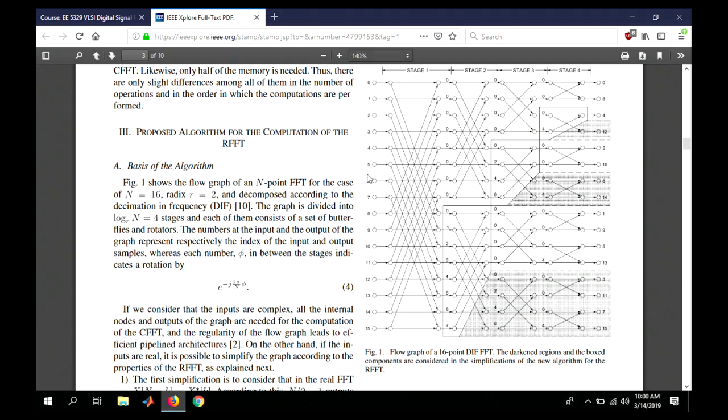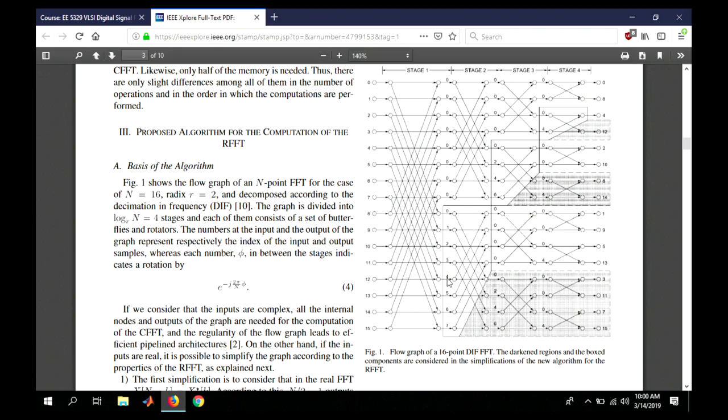The beginning samples are all real. After the first stage, these samples are also real. So these are real butterflies. If the butterfly values are A and B, we are computing A plus B and A minus B. These are real. If you see these numbers marked here, 0, 1, 2, 3, what are these numbers? These are the twiddle factors.